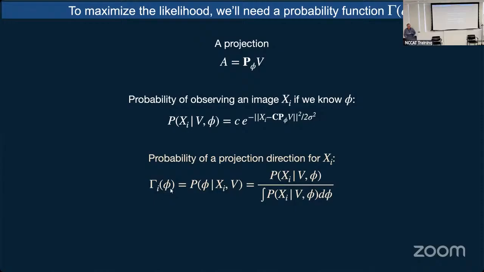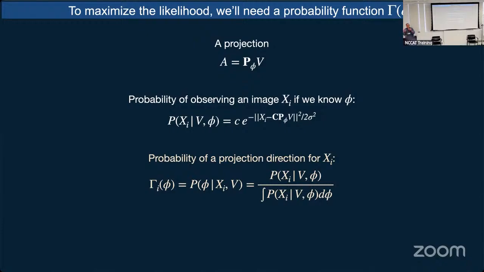So for a given image I and for a given volume V, I want to know what is the probability of the various projection directions. And this is something we know how to compute. This is that Gaussian that I was talking about before, and this is the same thing, except that we're integrating over all phi. So this is just a normalized version of this probability that we already know.